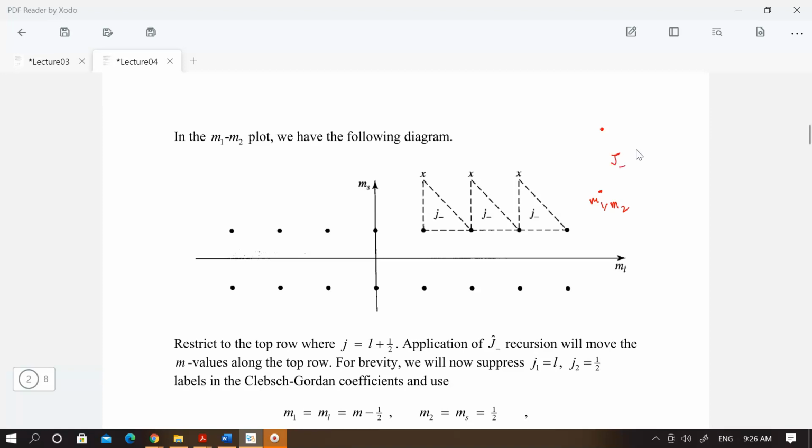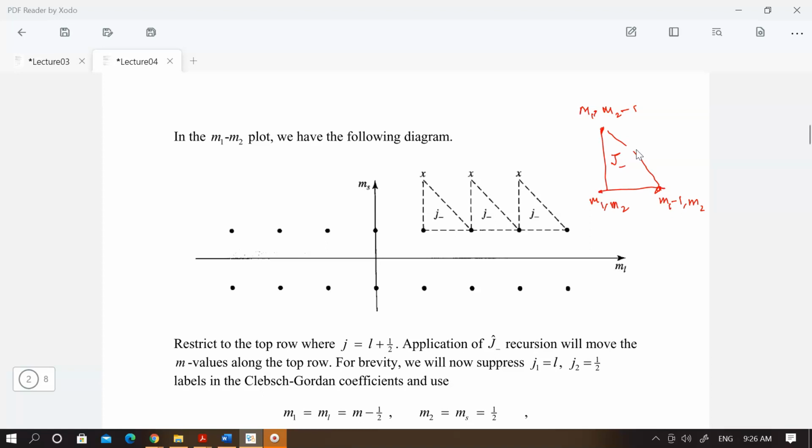This can come from this M1, M2 minus 1, and then M1 minus 1, M2. So you have that kind of triangle shape for J minus.